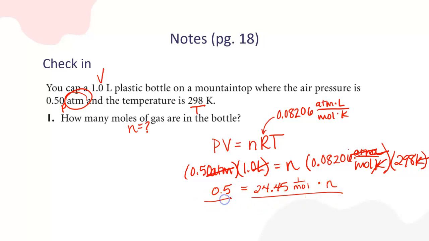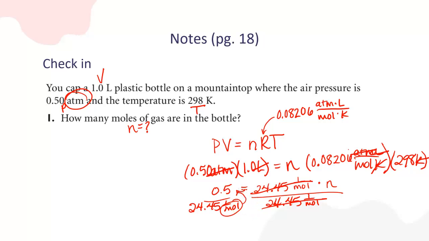So then I'm going to divide both sides by the number attached to N. And so this cancels, and if it's in the denominator, it flips up to the top.